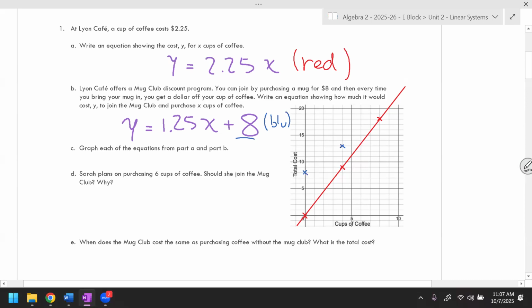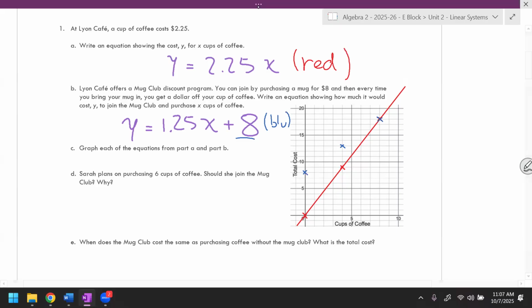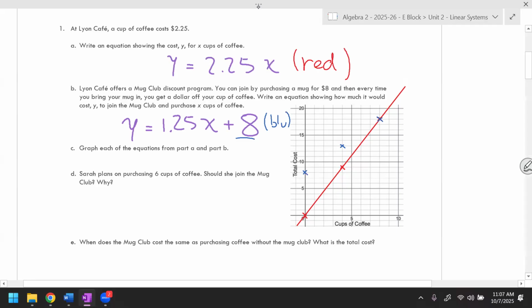Does everyone agree with that? $13 for 4 cups of coffee if you have the club membership. And then for another 4, maybe it'd be 18. So it'd be like there. So it looks like my graph is going to look something like this. Okay, nice. All right, thanks, Oliver.